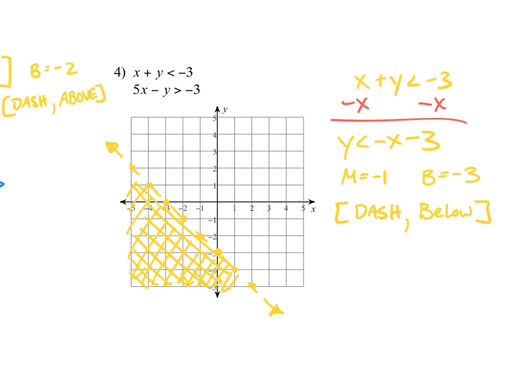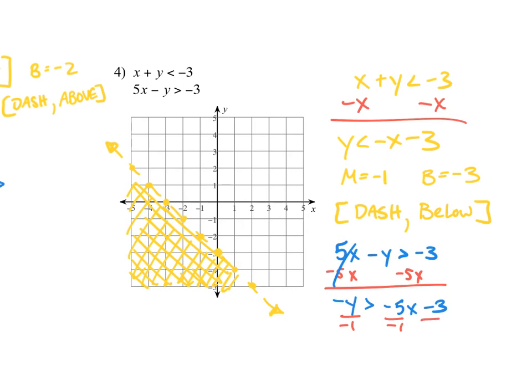Everybody's good. So let's look at the second one. It is 5x minus y, which is greater than negative 3. Step number 1, minus 5x. Negative y is greater than negative 5x minus 3. Uh-oh, what are we going to have to do?